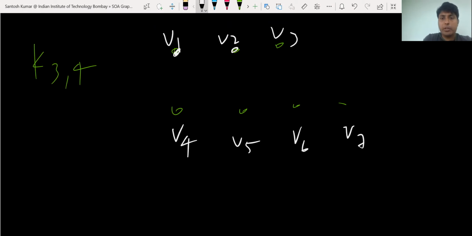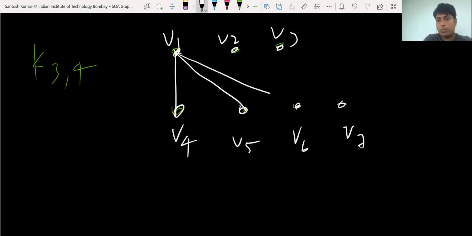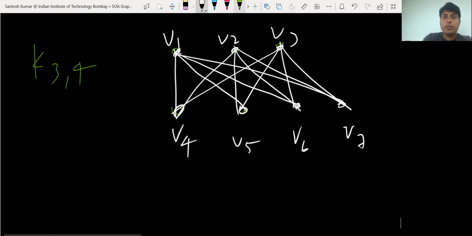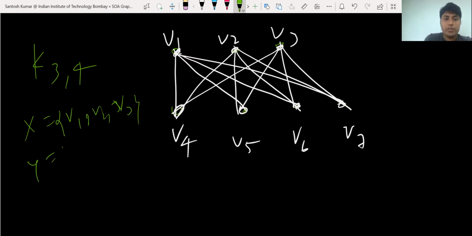Complete means every vertex in X will be adjacent to every vertex in Y. So V1 is adjacent to all the others. So X here you consider is V1, V2, V3, and Y here you consider V4, V5, V6, V7.